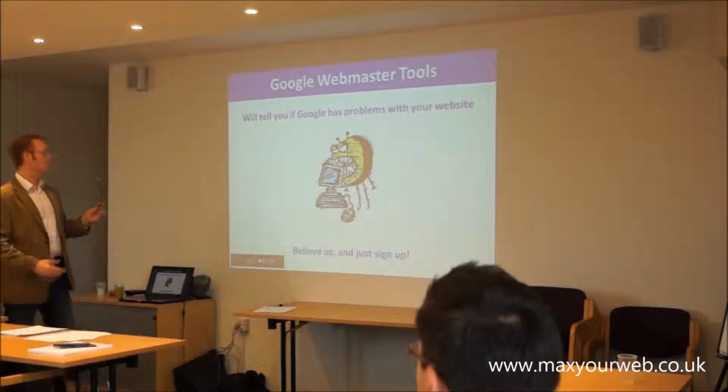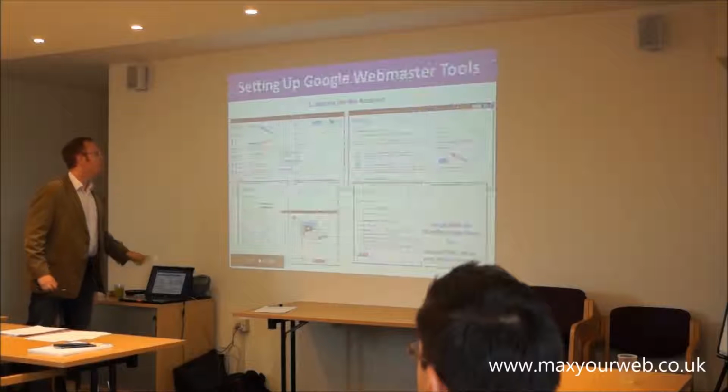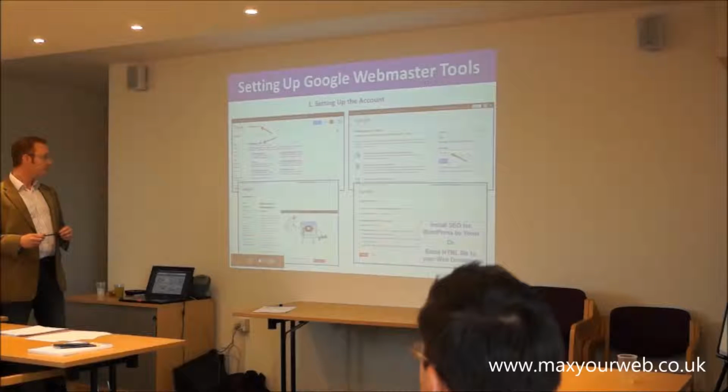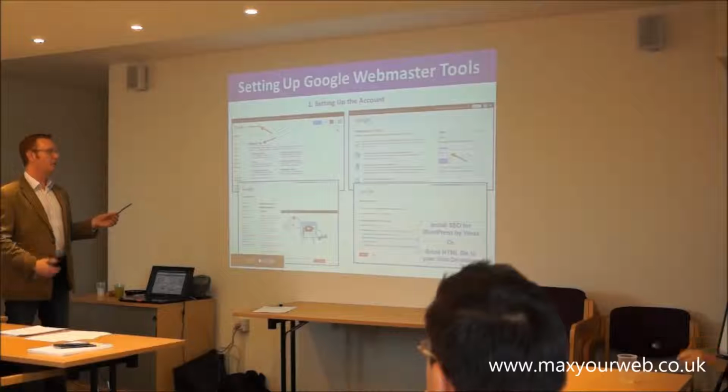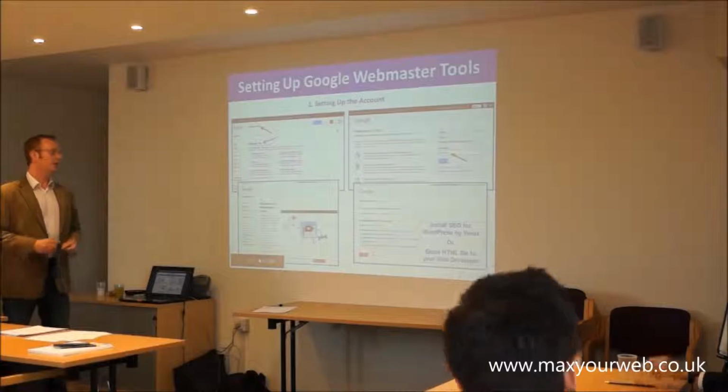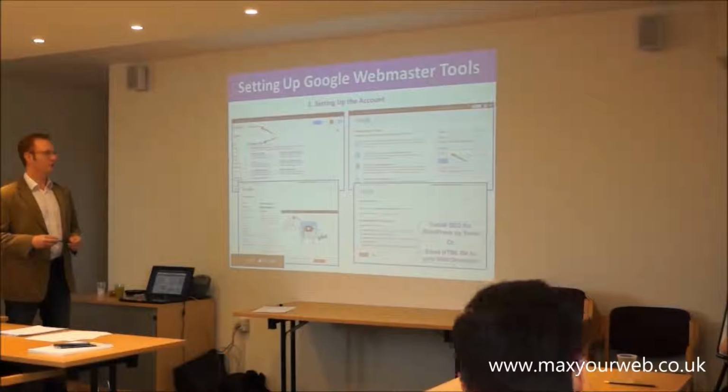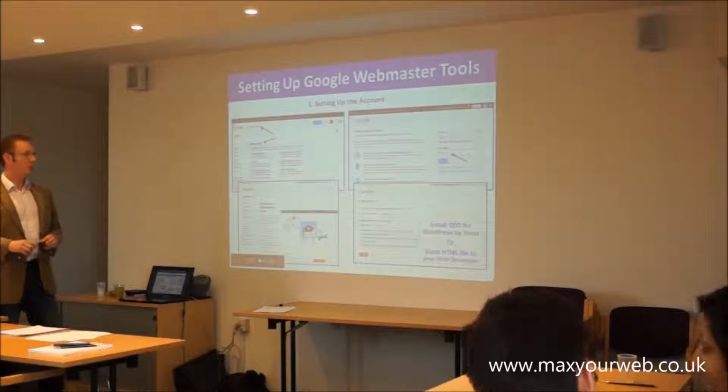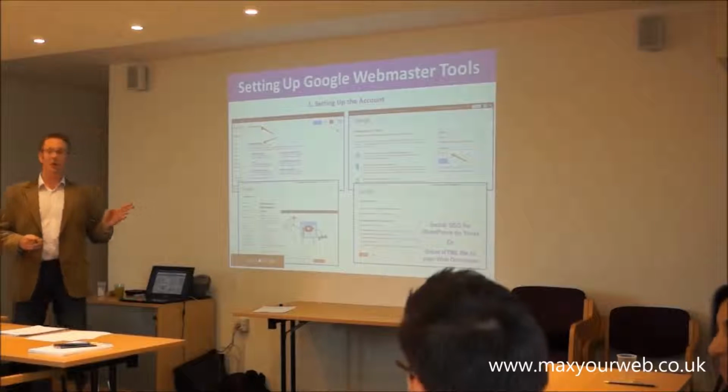So take my word for it, and it's quite easy. You just type Webmaster Tools into Google, go into the website, and go through that quite simple process of putting in your name and your password, and that will get you going.